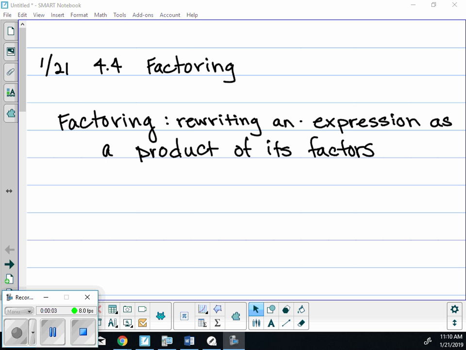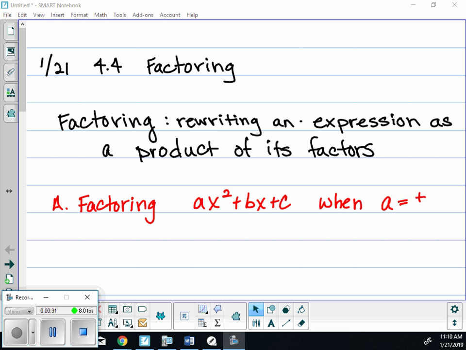So factoring definition is rewrite an expression as a product of its factors. So we're going to look at factoring quadratic trinomials when the number in front of the x squared is either a positive 1 or a negative 1.